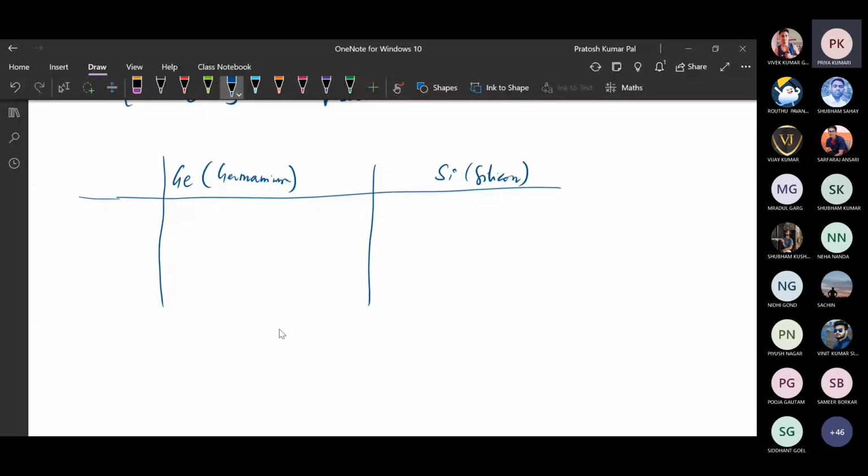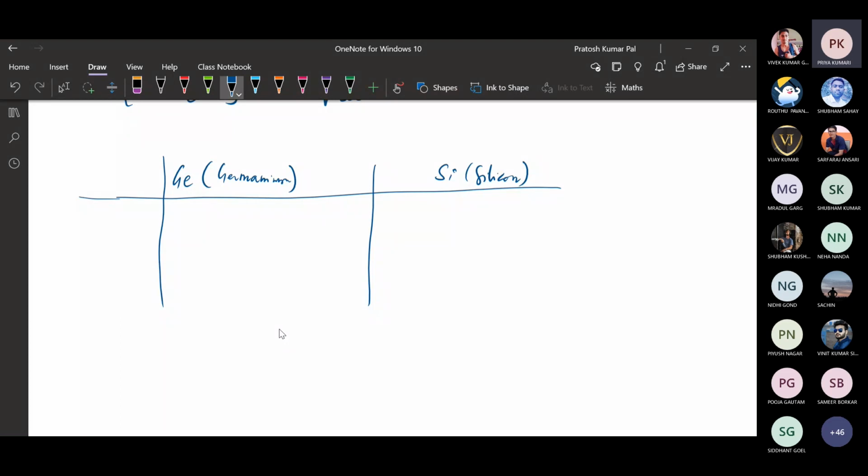In a semiconductor, the charge carriers consist of holes and electrons. What is the mobility of holes and what is the mobility of electrons? We will be seeing. These values are fixed for germanium and silicon. If a semiconductor device is made up of germanium, then the mobility of electrons in that germanium-based device will be constant, and likewise the mobility of holes.